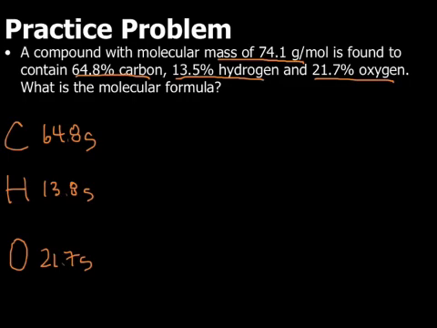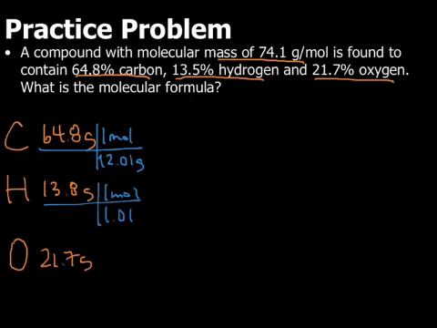My next step is to convert that to moles, because to find my empirical formula, I'm looking for the lowest whole number ratio. Carbon is 12.01 grams per mole, a number that comes from the periodic table. This is just a review of what we did in the last screencast. This first step is all about finding the empirical formula.